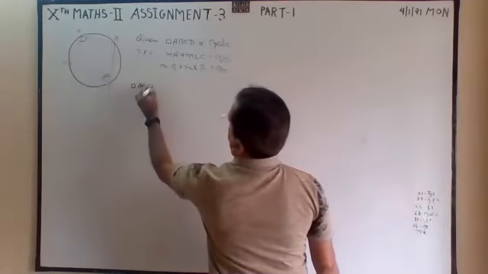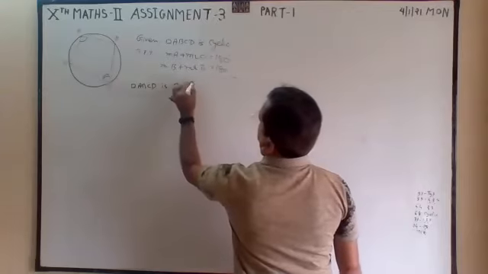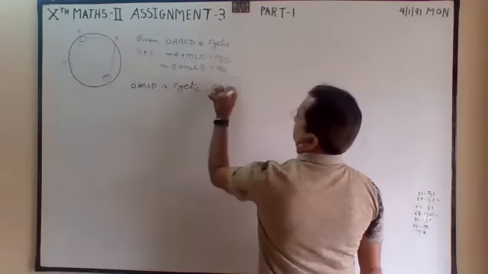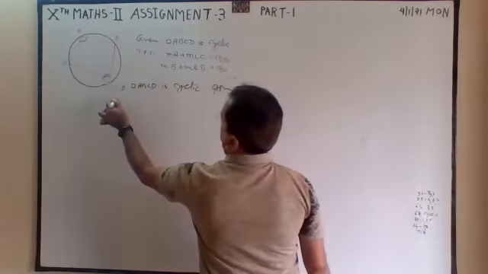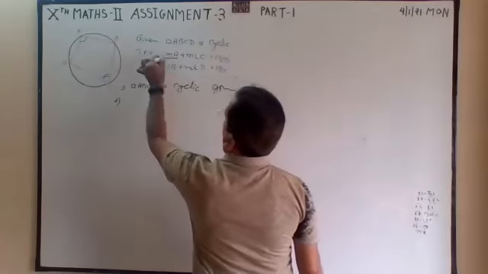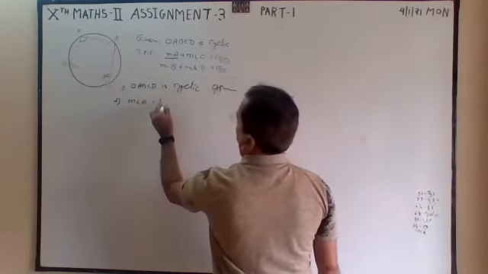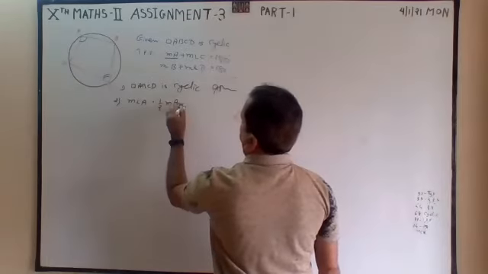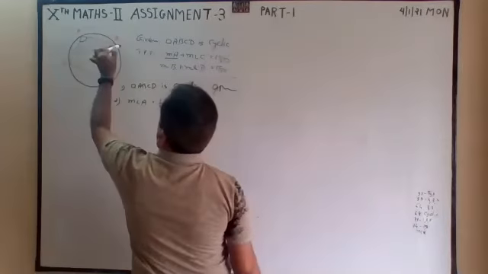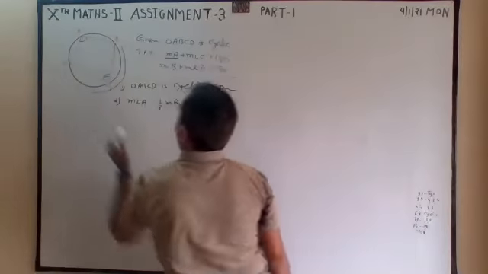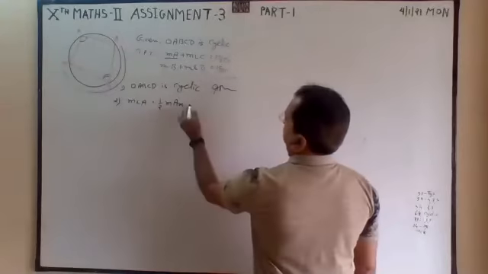Quadrilateral ABCD is given. Now we want this. So measure angle A is equal to half of measure arc. Measure angle A is inscribed by this arc BCD.